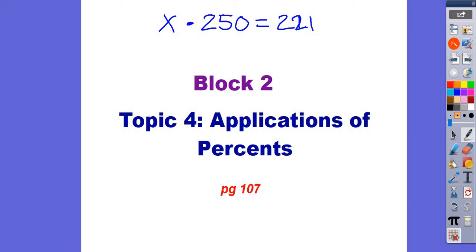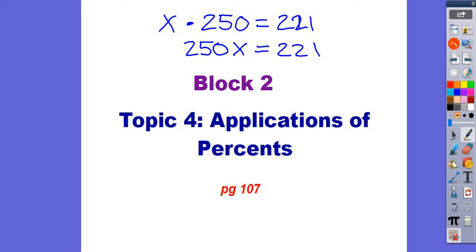We don't normally like it seen like this. We can rewrite it as 250x equals 221. And we learned in 6th grade how to solve these. How did I go about solving when x was attached to it with multiplication? How did I get x by itself? What operation is x in 250? Multiplication. To get x by itself, you have to do the opposite operation.